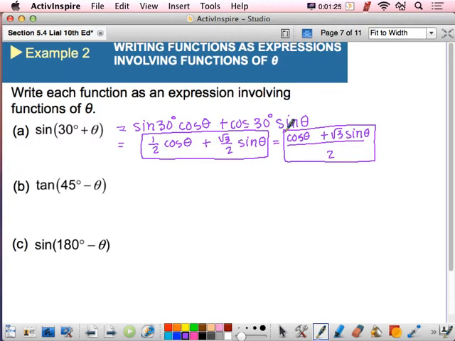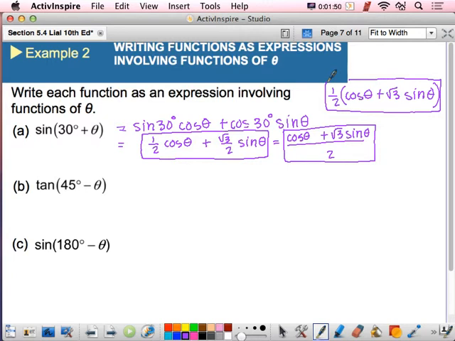They actually factor a 1/2 out. They put a 1/2, then they open a parenthesis and say cosine of theta plus the square root of 3 times sine of theta. So it's good to be able to recognize any of those options. I'll take any of the 3, so it doesn't really matter.